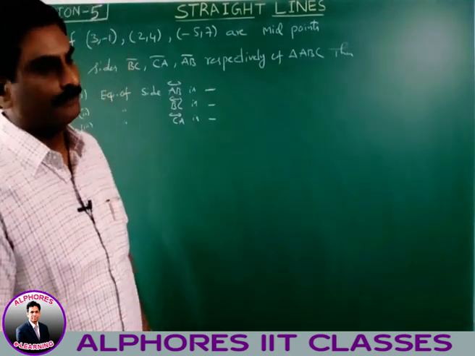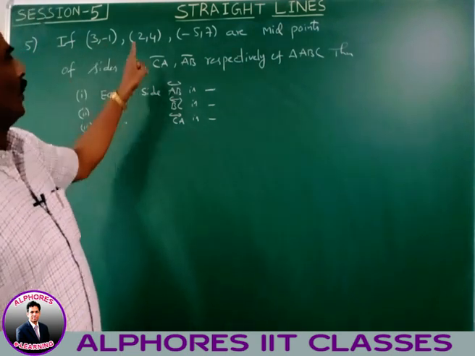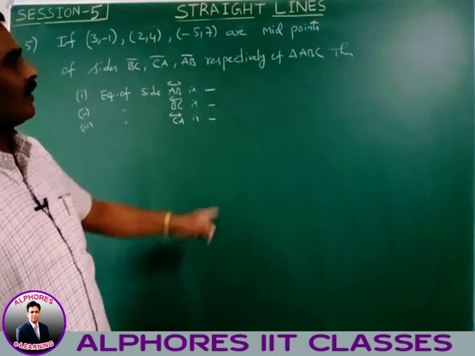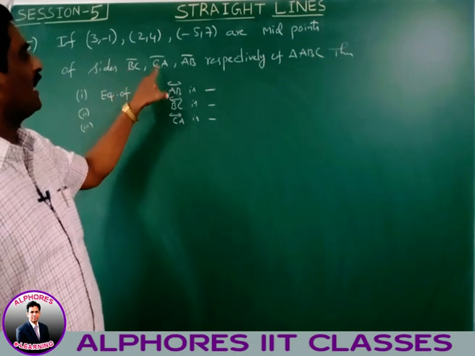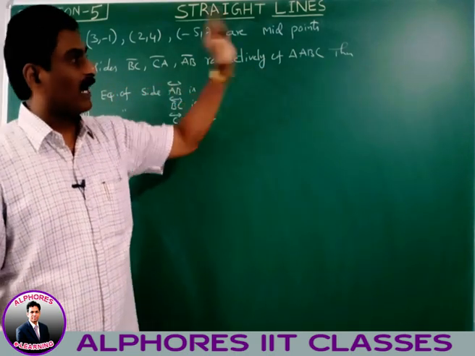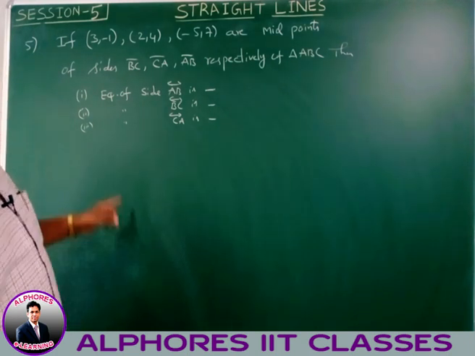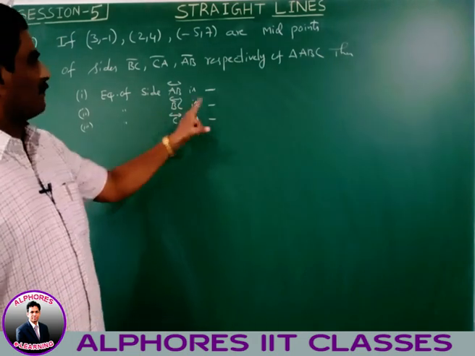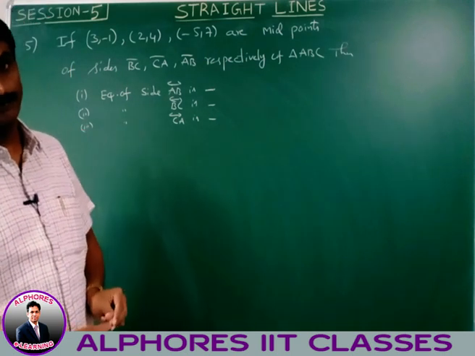Next, fifth one. If (3, -1), (2, 4), (-5, 7) are midpoints of sides BC, CA, AB respectively of triangle ABC, then the equation of side AB is dash, equation of side BC is dash, equation of the side CA is dash.